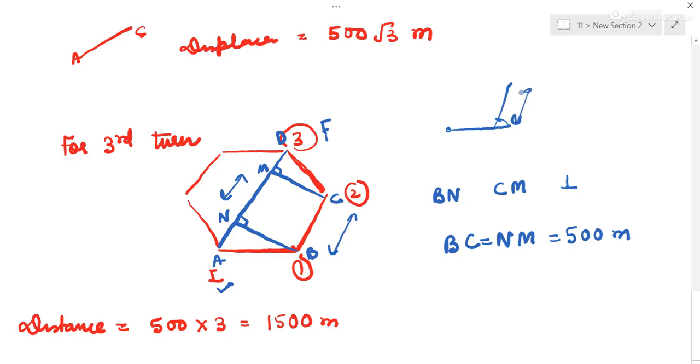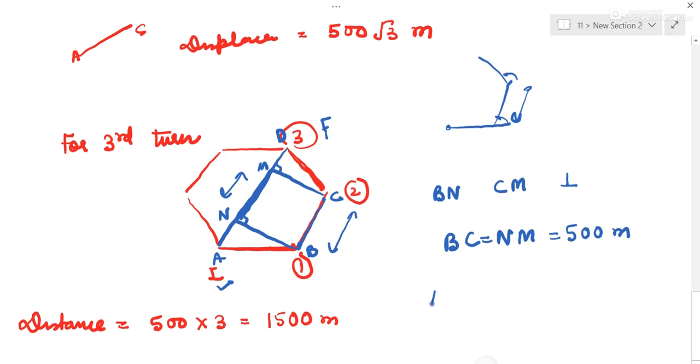Then 500 and then left turn by 60 degree. Okay, so this is 60 degree, 500 meters. So this is 500 meters. Now we should find out AN and MD. We have to find out this length and this length so that we can add up all three.